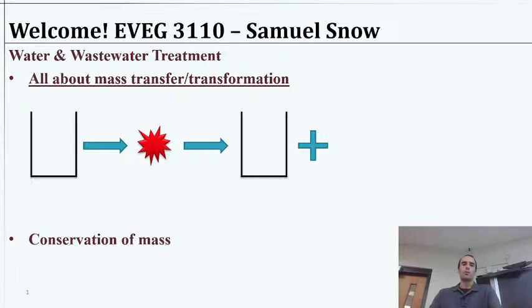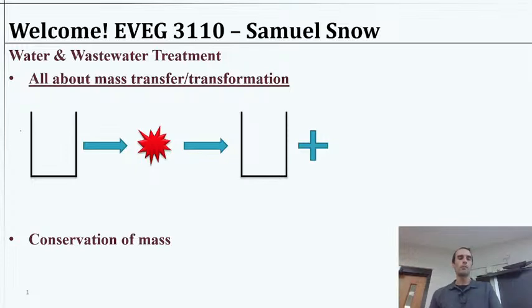All right, so water and wastewater treatment. Really, I think all of environmental engineering revolves around taking some amount of stuff in some media, so some stuff in some other stuff, like some bacteria in water, some chemicals in the ground, some dust in the air. Stuff in stuff, right?